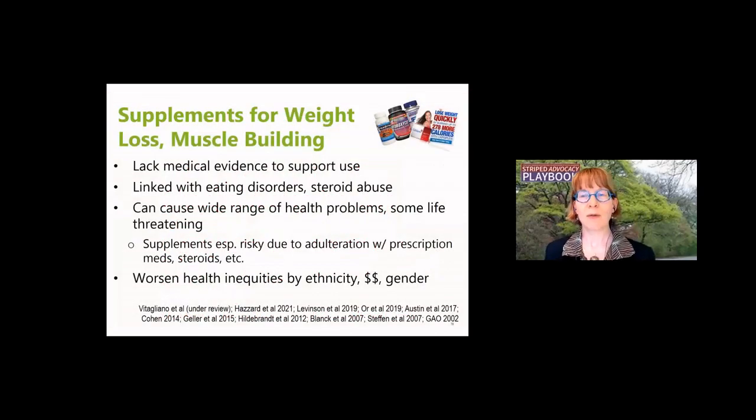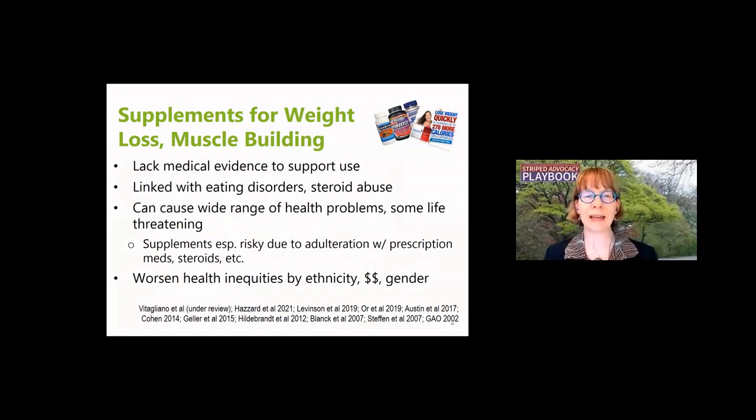So I'll just give you a few words around these products. You may see them at any grocery store, in the corner store like a 7-Eleven. You'll see them sold in gyms, in GNC, and health food stores. They are over-the-counter products sold for weight loss, or shorthanded, diet pills, or products sold for muscle building.